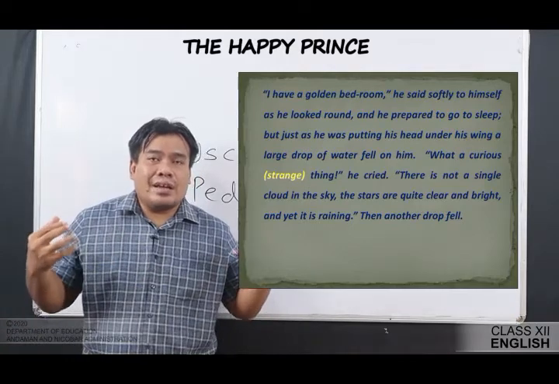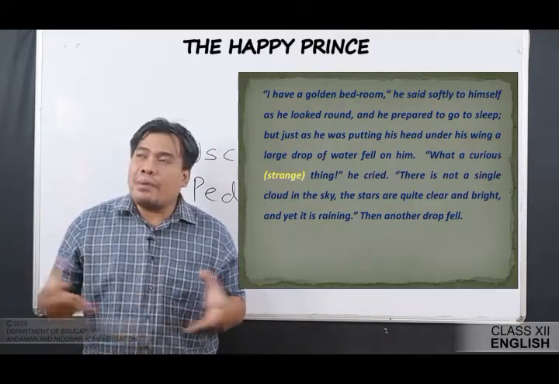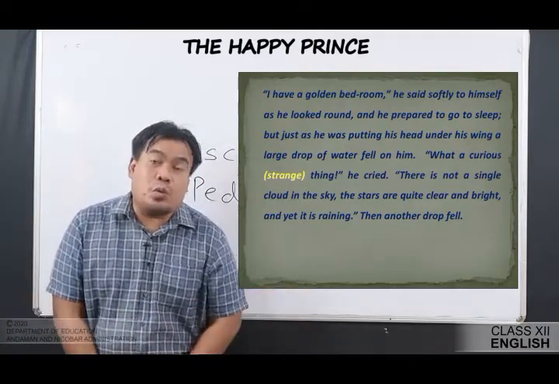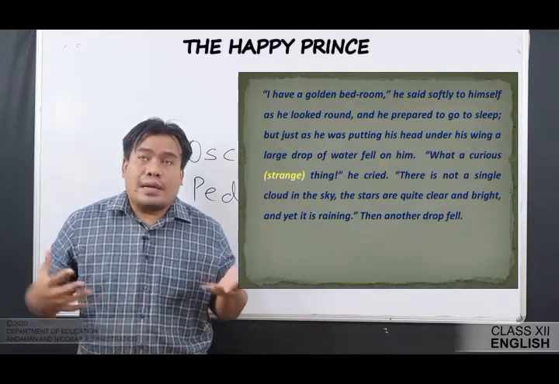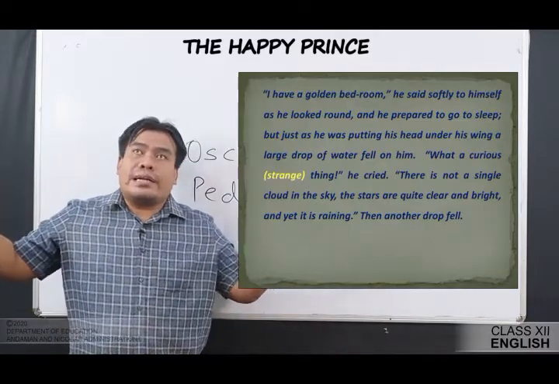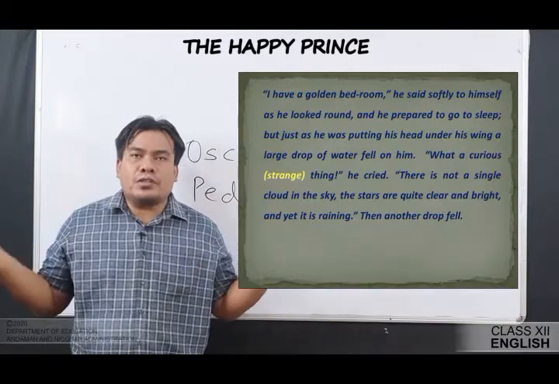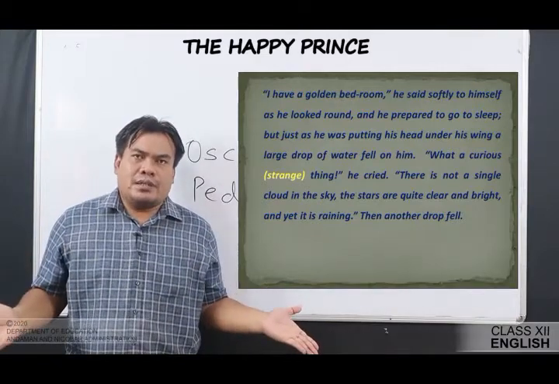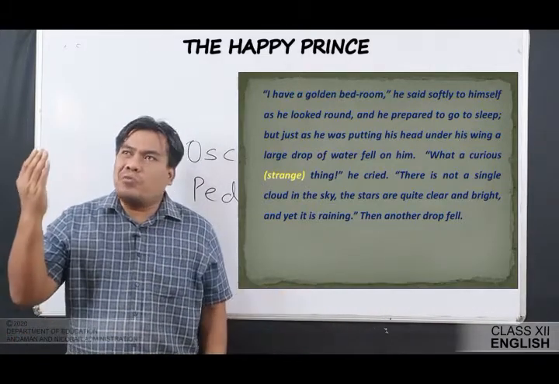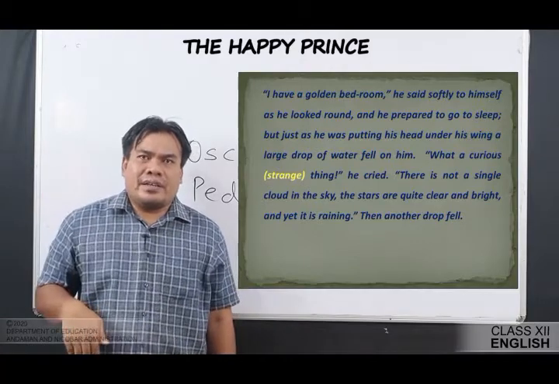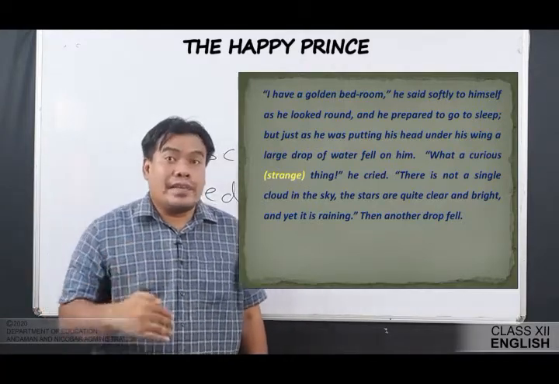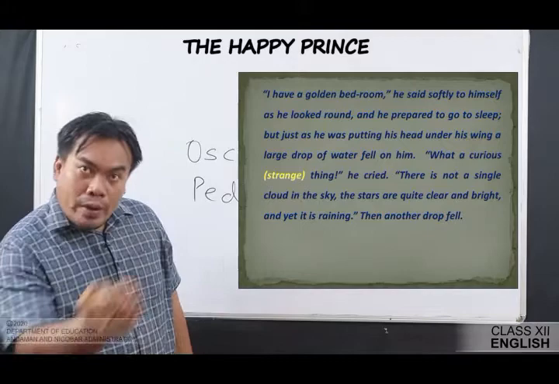He was in a dilemma. Dilemma means he was confused again. Who? The swallow. It's really a clear sky. It looks like it's not going to rain, obviously. So what kind of water just fell on me? This was the confusion that the swallow was having.